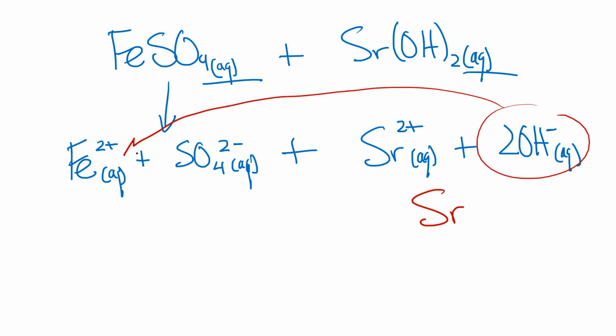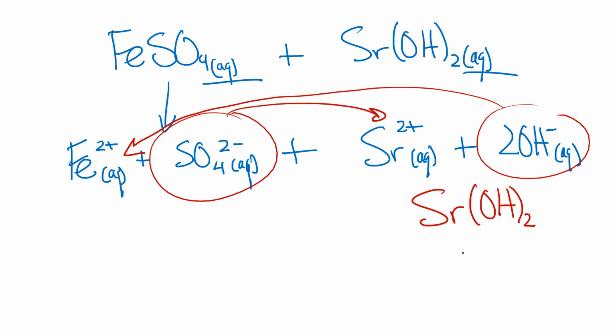This is a double exchange reaction, a double displacement reaction. It's 2 aqueous substances that come into contact with each other, so they're going to swap partners. That's how I knew I needed to look at strontium hydroxide to begin with, is I looked at that and saw them swapping.